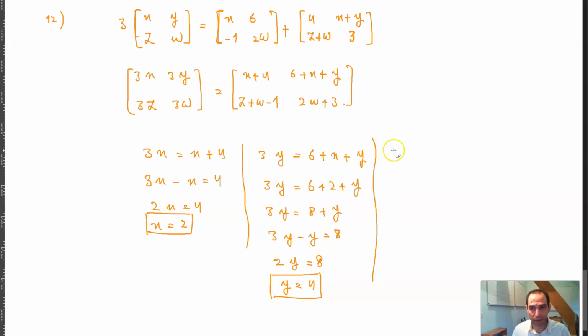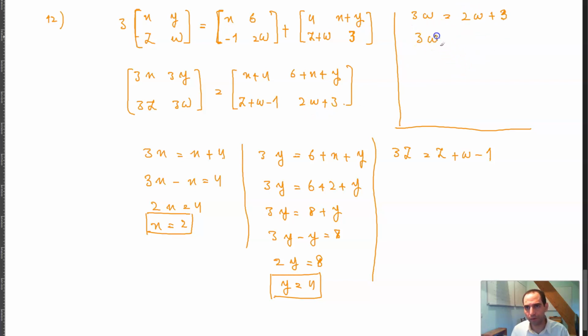Next you have 3z is equal to z plus w minus 1, which I cannot solve right now because I don't know what w is. I have to first solve for w. So I solve for w here. 3w is equal to 2w plus, I'm sorry, plus 3.